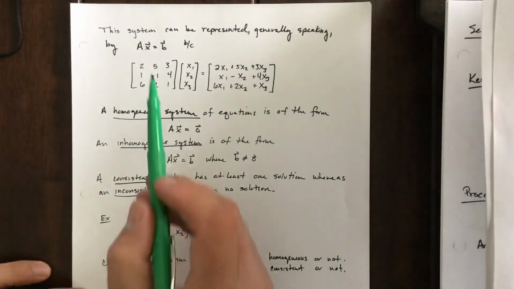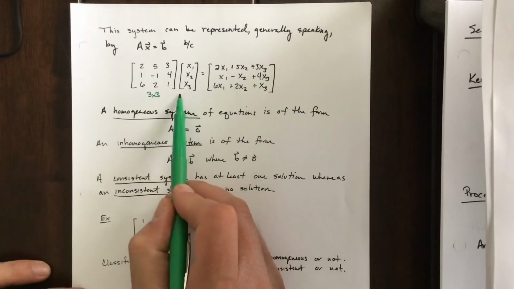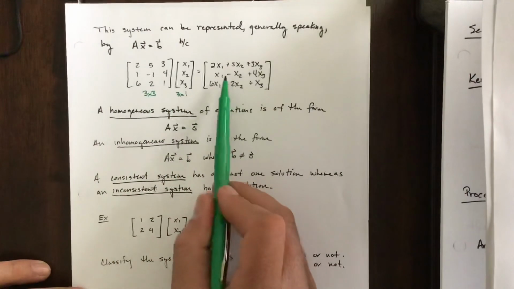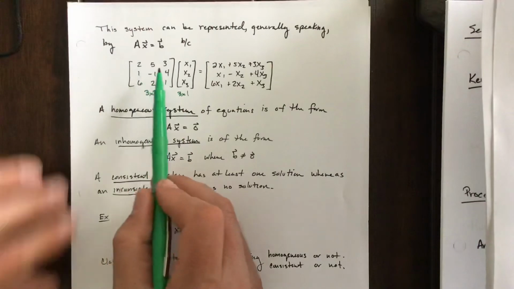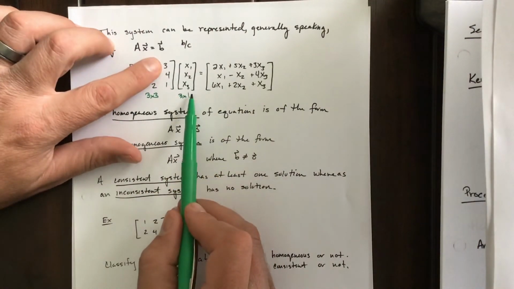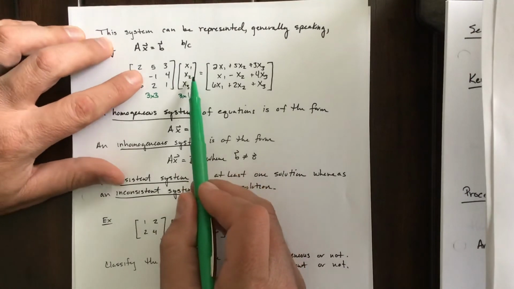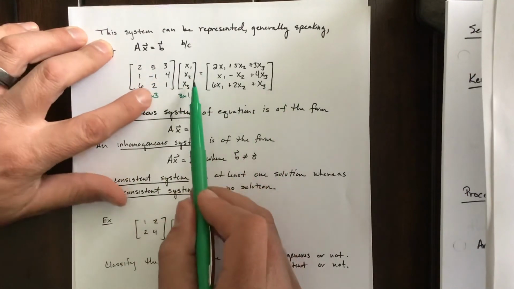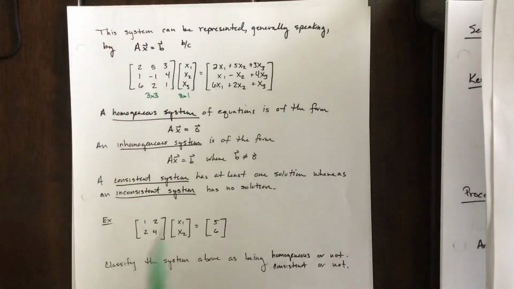Again, because if I take A, which is a 3 by 3 matrix, multiply it by this 3 by 1 matrix, what I end up getting is 2x1 plus 5x2 plus 3x3, multiplying each one of these component-wise. That's how I get the top line. 1x1 minus 1x2 plus 4x3, and 6x1 plus 2x2 plus 1x3.